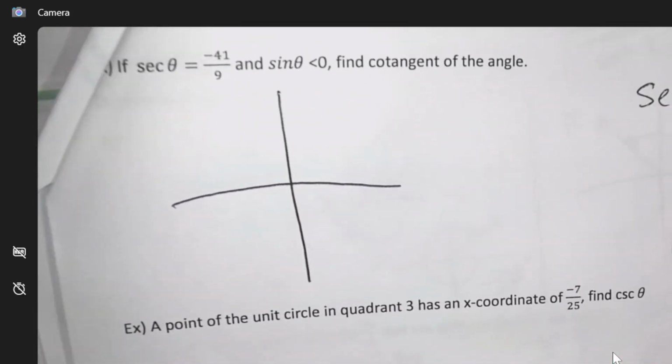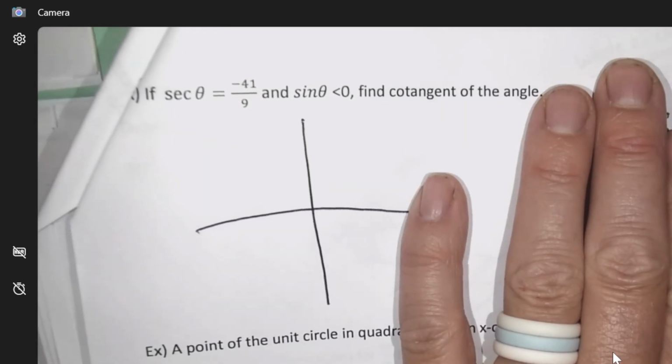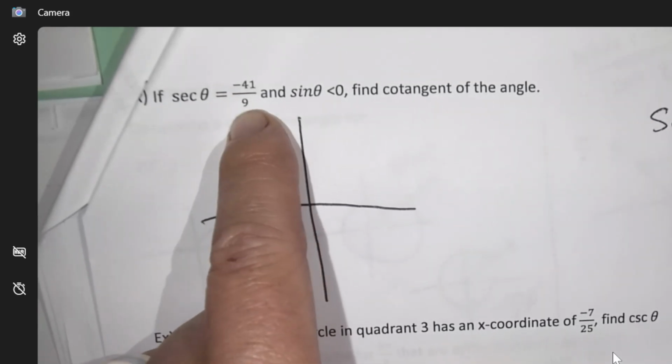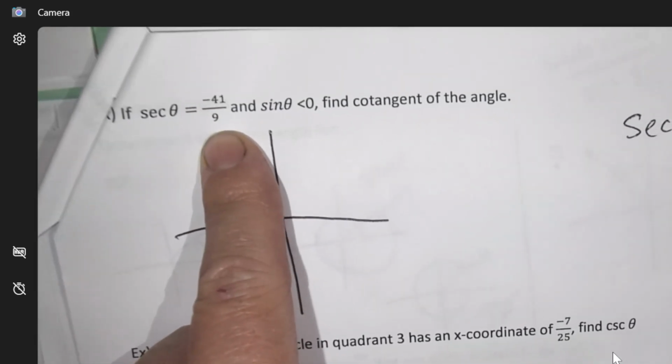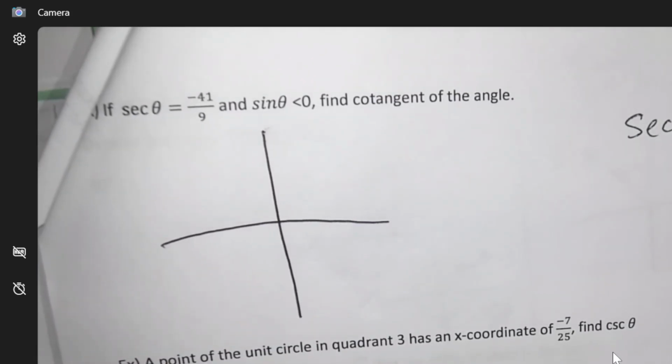So here's the info that I can read from the question. I know that secant, whoops, don't write what I wrote. Secant is negative. This is a negative fraction. And it tells me sine is less than 0. So it's also telling me sine is negative.